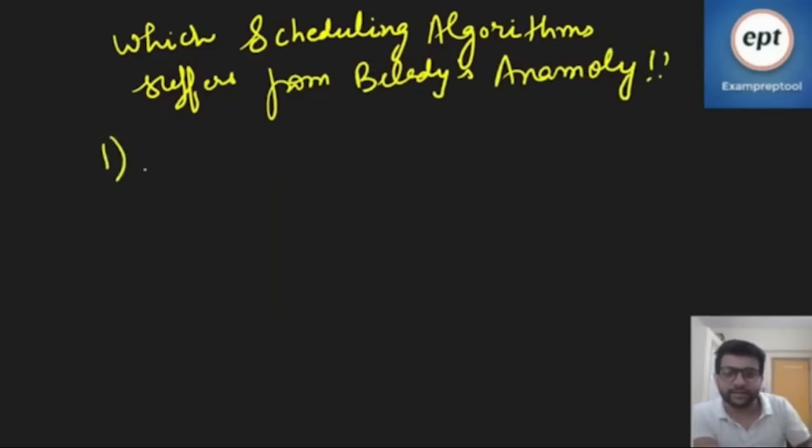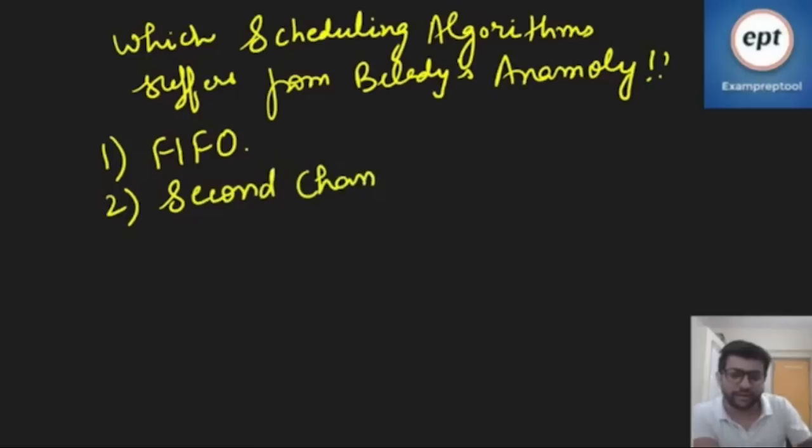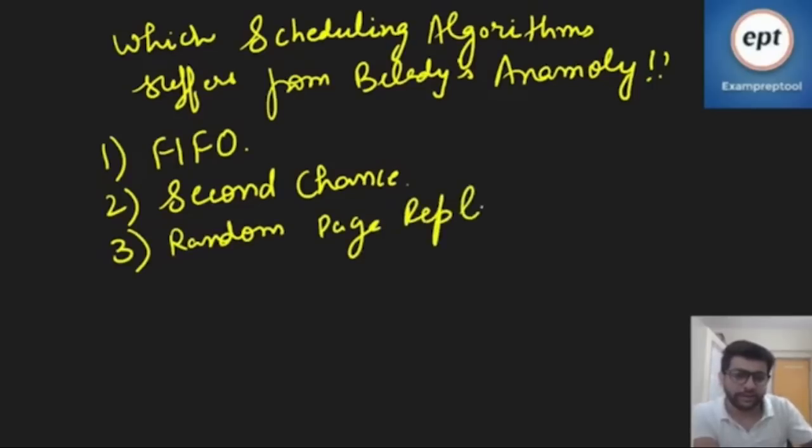The answer is, first, FIFO. The second one is second chance, and the third one is random page replacement algorithms, right?